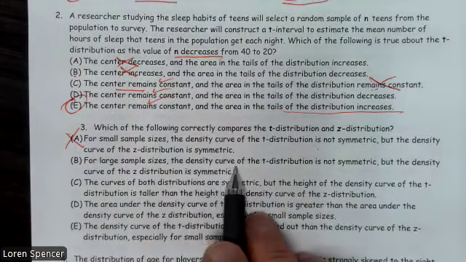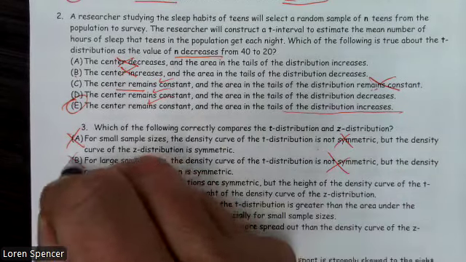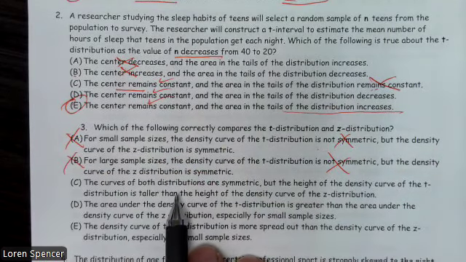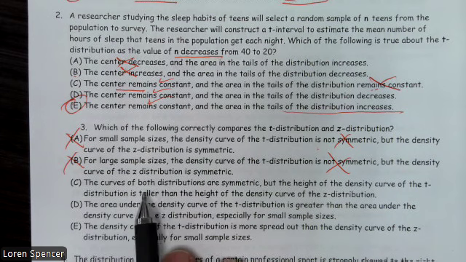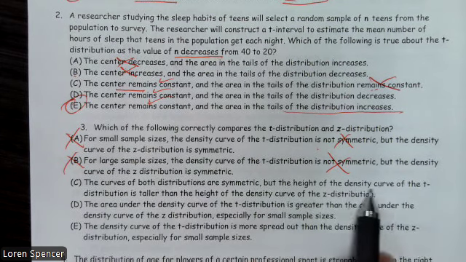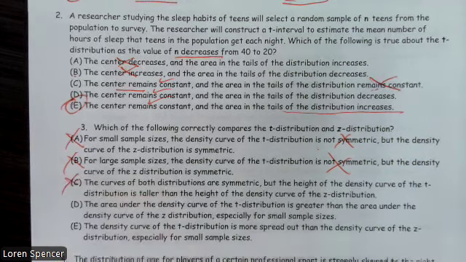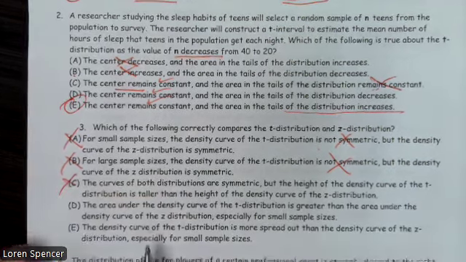For large sample size, the density curve is not symmetric. Nope, they're both symmetric. It doesn't matter the sample size. The T and the Z are both symmetric. The curves of both are symmetric, but the height of the T distribution is taller. No, the height of the T distribution will never be taller than a Z. It'll get close to the Z, but never get there.